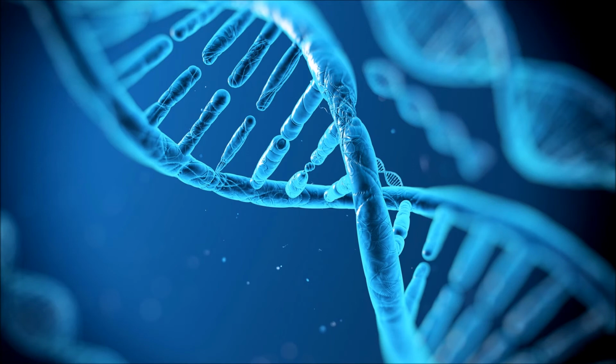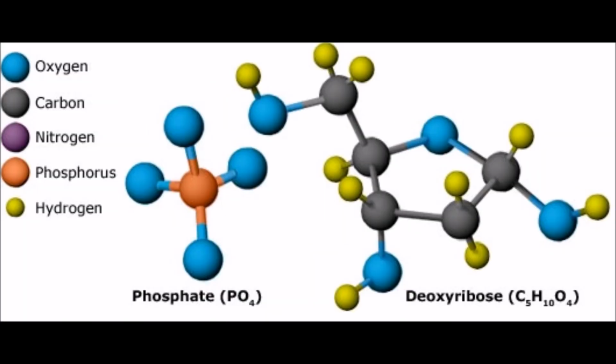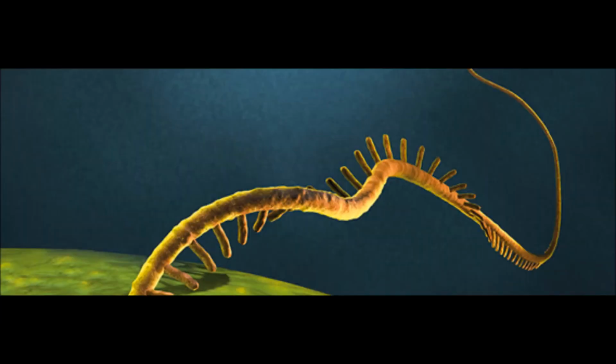The difference, of course, being it's got an extra oxygen atom in the ribose molecule, so it's C5H10O5 rather than C5H10O4 like it is in deoxyribose, and then it's ribose phosphate, ribose phosphate, ribose phosphate.